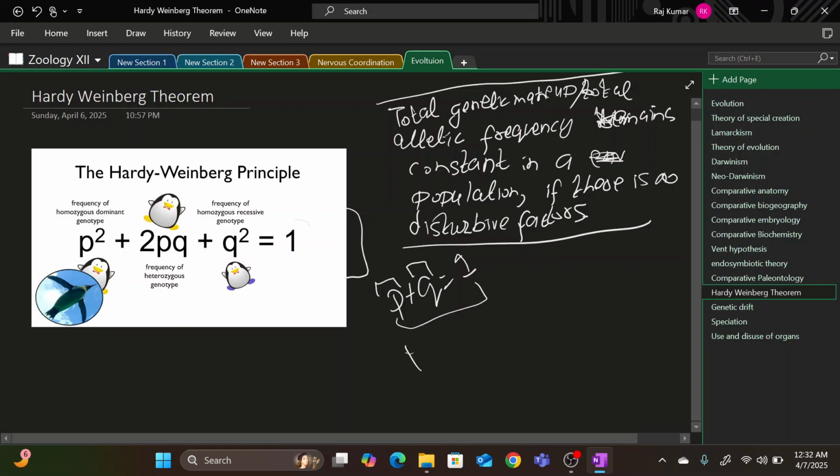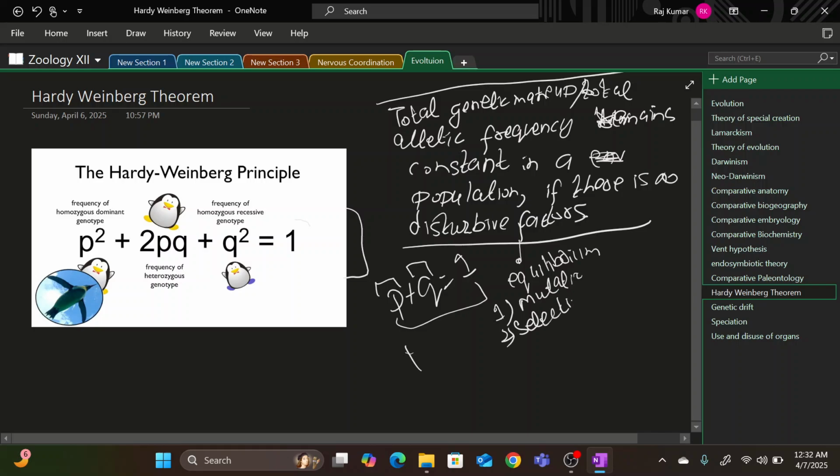This is how the Hardy-Weinberg theorem works. And this principle says that this condition exists in equilibrium in a genetic pool unless there is any mutation, or any sort of selection.